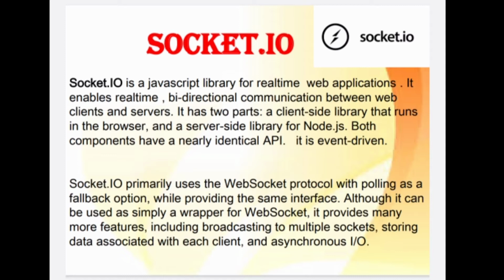Socket.io primarily uses the WebSocket protocol with polling as a fallback option while providing the same interface. Although it can be used as a simple wrapper for the WebSocket, it also provides many more features, like broadcasting to multiple sockets, storing data associated with a particular client, and it also supports asynchronous I/O.